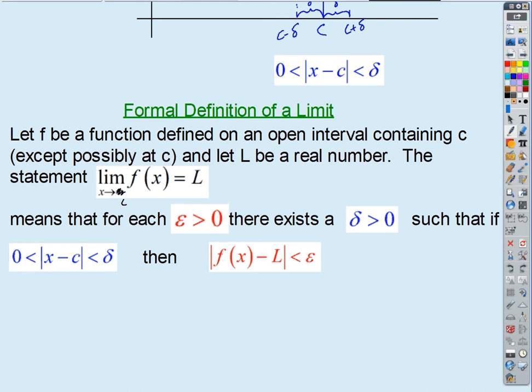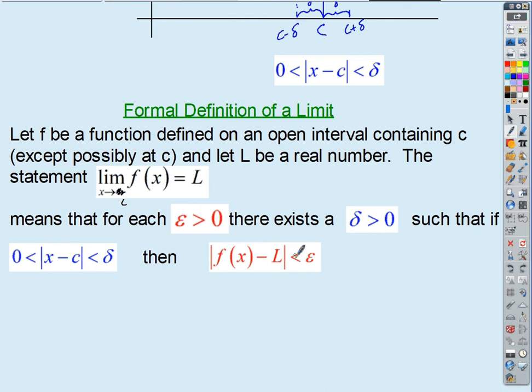So all we're saying is that there's going to be this correlation. We've established we've got this neighborhood of values of x surrounding C, and we're going to define the width of that neighborhood by delta, right? That's going to correspond to something like this. What does this mean now? This is the absolute value of f of x minus L is less than epsilon.